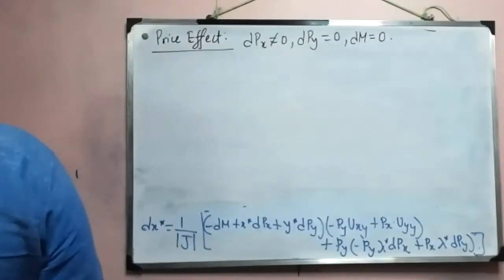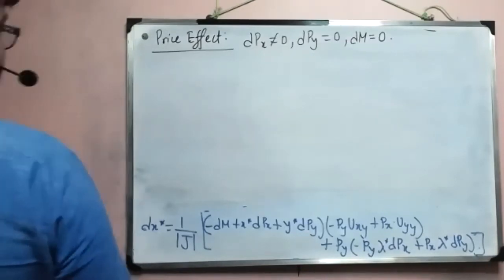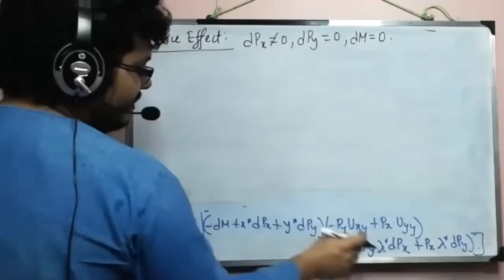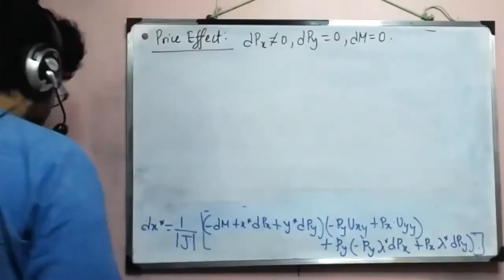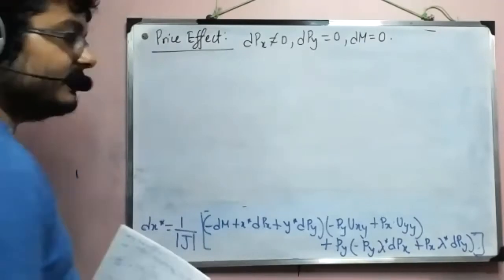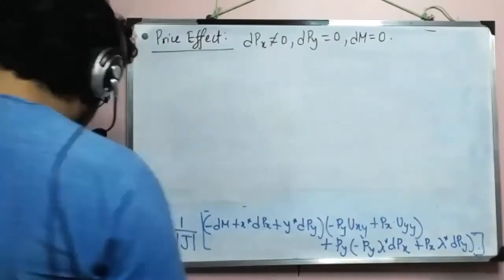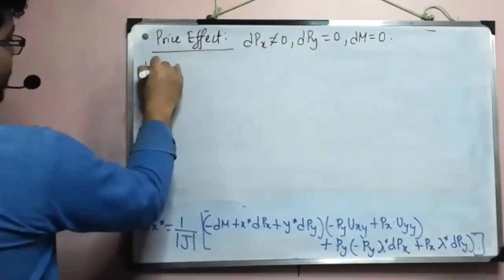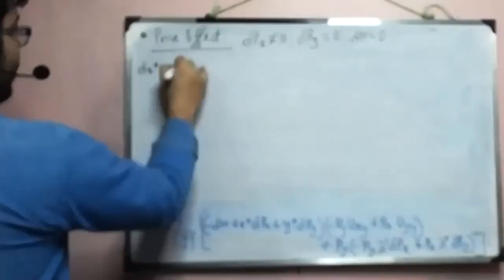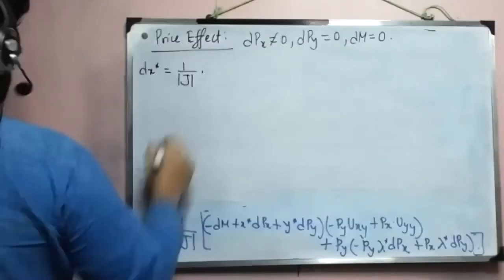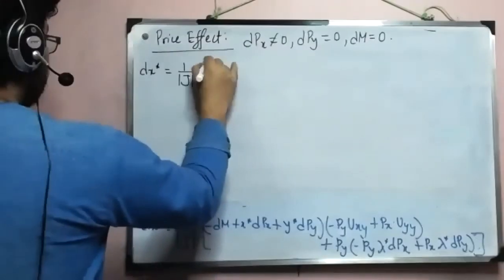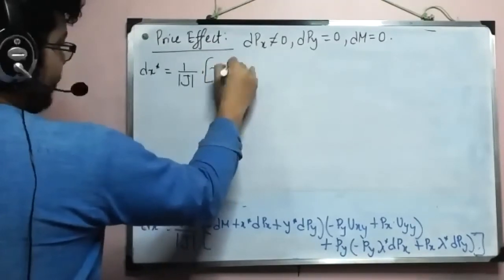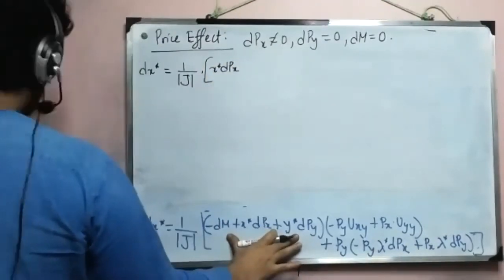Now our job is very simple. Just like before, we are going to put dpy 0 here, dm 0 here, and dpy 0 here, and we will look at the expression that we obtain. Okay, so now our dx star will be, again, it comes out, so it will be x star dpx, right? Because these two are 0.